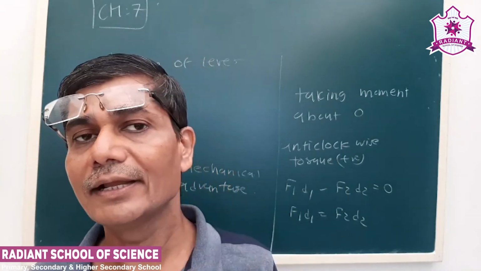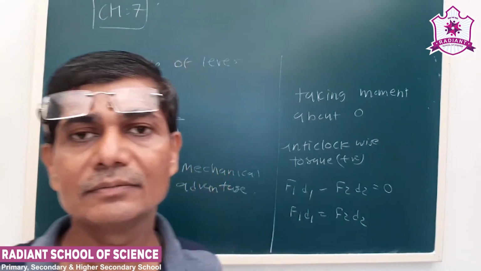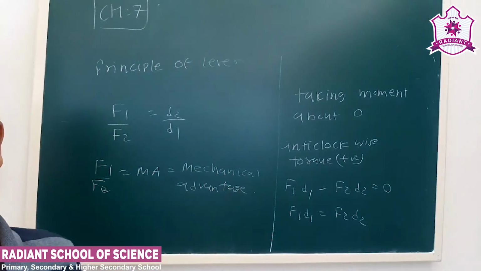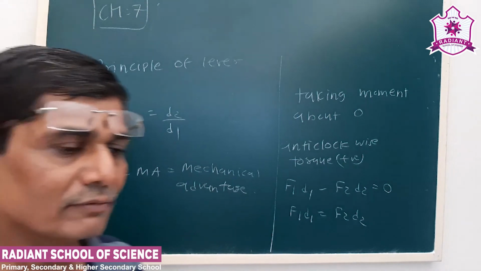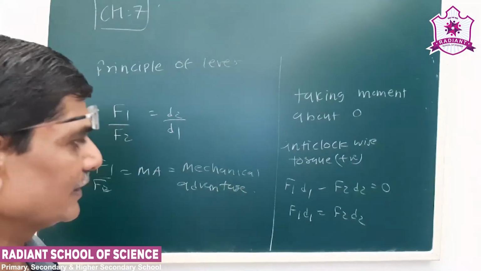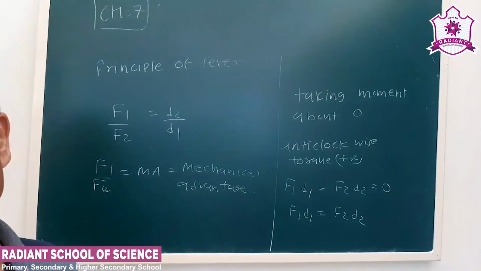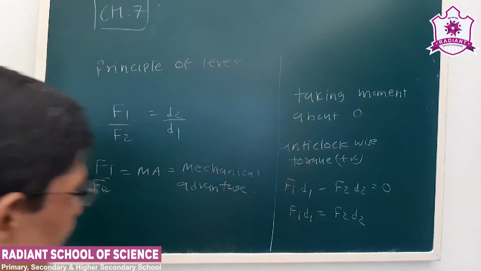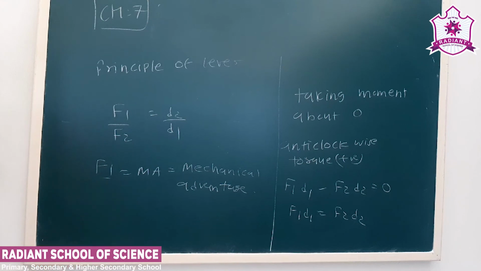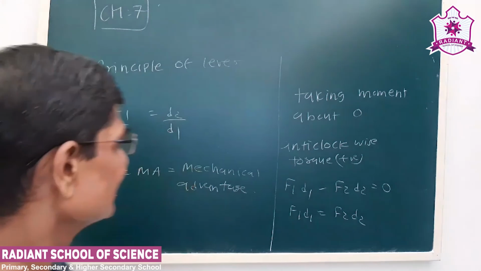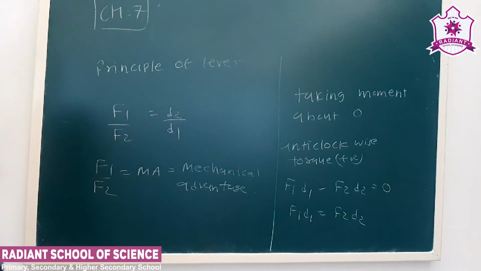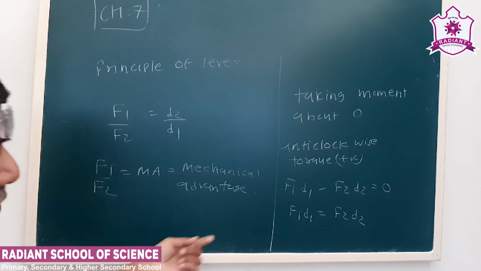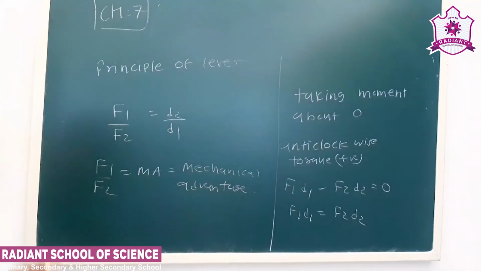By applying less effort we can carry more load, or more force. In the language of physics, weight mg is called load. So here this F1 upon F2 is called the mechanical advantage of a simple machine, and it is also the principle of equilibrium.